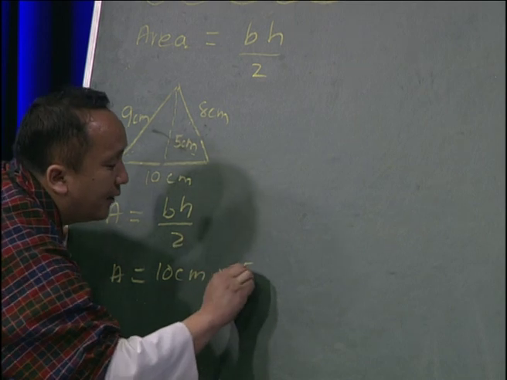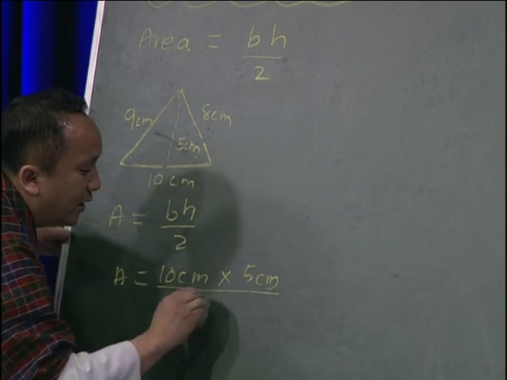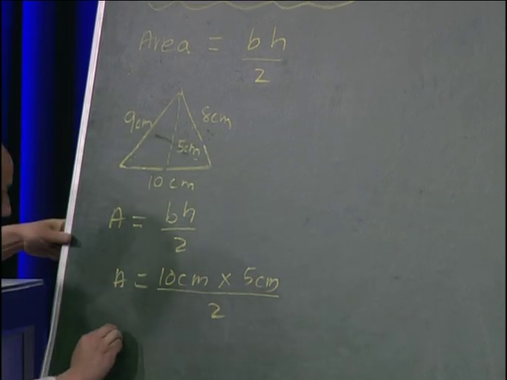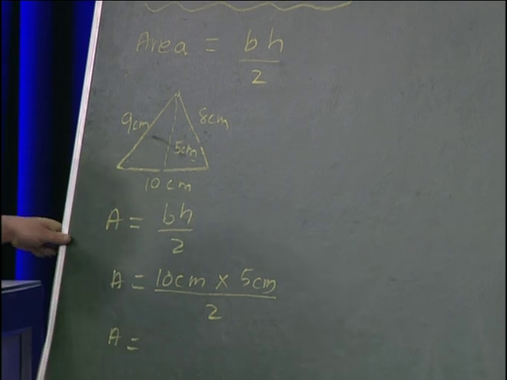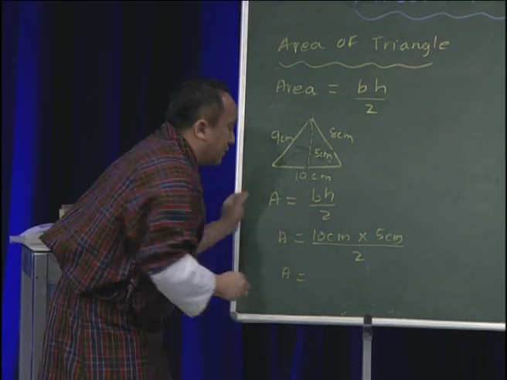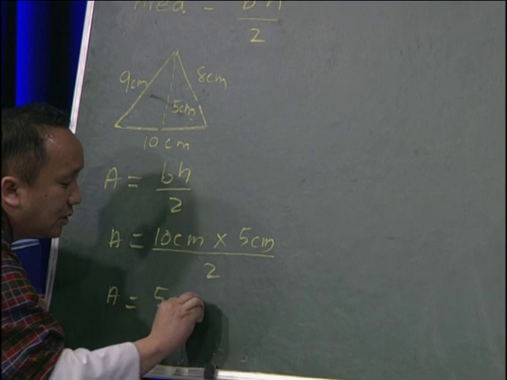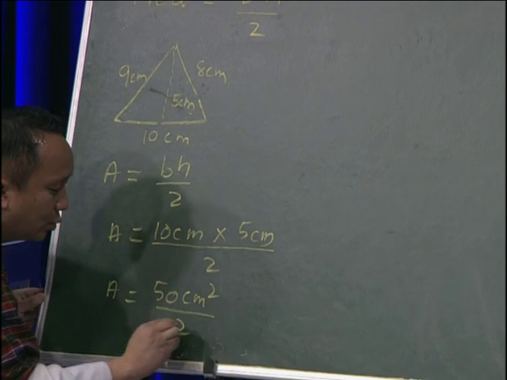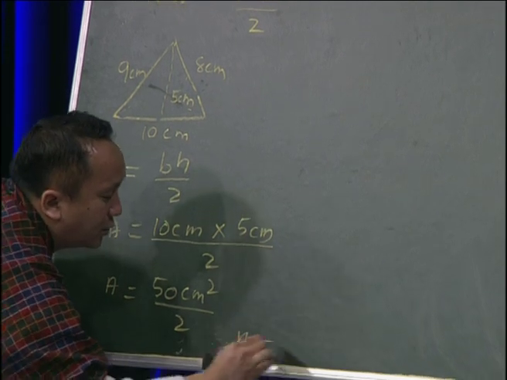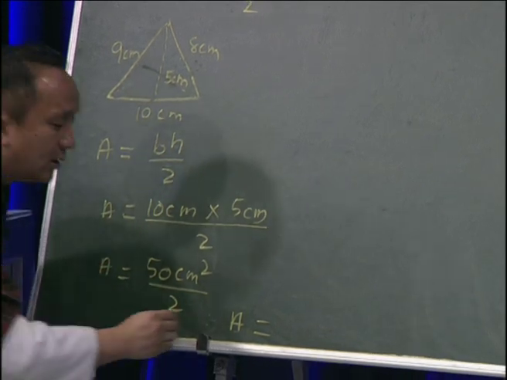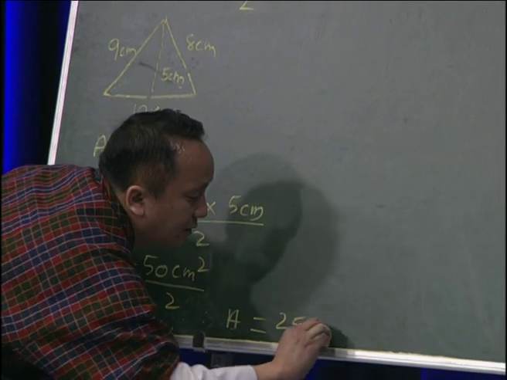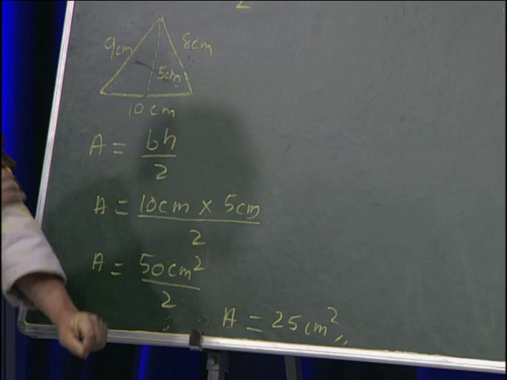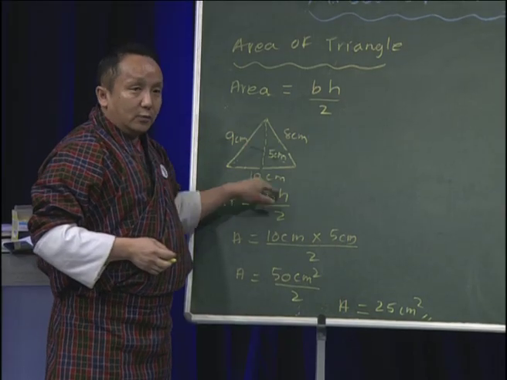Height is 5 centimeter, divided by 2. Now simplify the numerator. So 10 times 5 gives us 50 centimeters square divided by 2. So therefore area equals 50 divided by 2 gives us 25 centimeter square, and this is the area of triangle using the first formula.